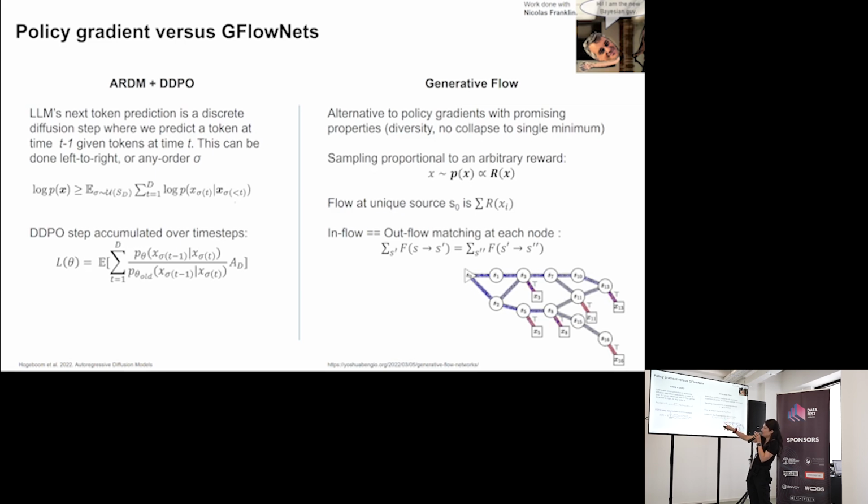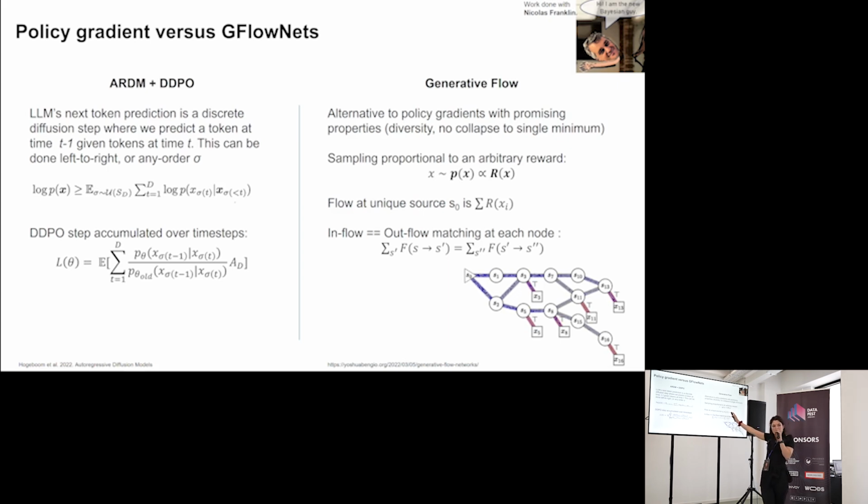You start in the beginning with your source distribution S naught. And now there are these different nodes, and there's an associated flow from S naught to its nodes, and you can imagine these could be, you decode your first residue, then given that one, you decode your next residue.